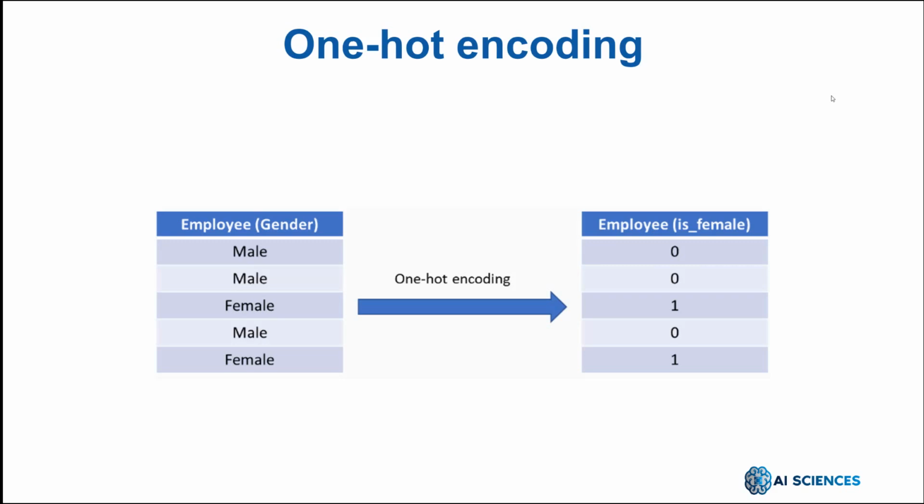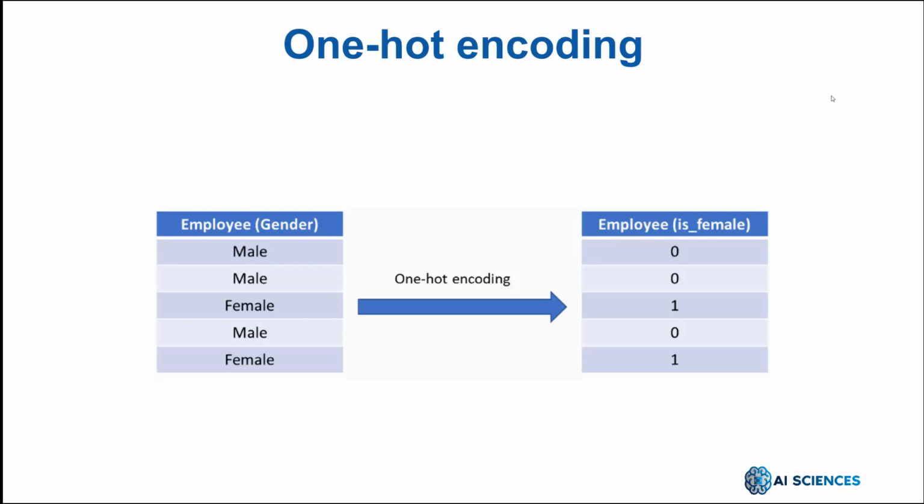For an organization, an employee's gender is meaningful information. Since it is a non-numeric feature, if we try to train a model on the gender feature, then the model will not be able to interpret anything meaningful from it. To make the gender column meaningful to the model, we must transform it into a numeric column.